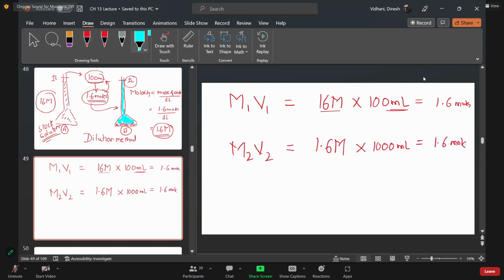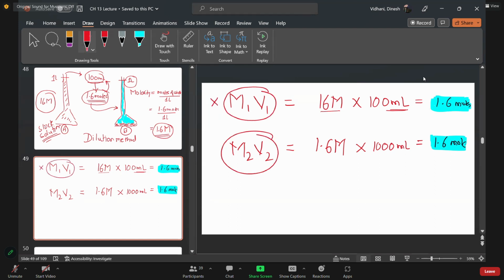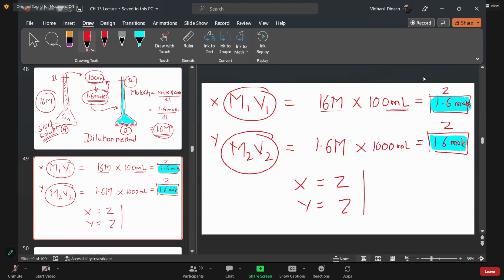See, now the number of moles is the same on both sides. So if this was X, if this was Y, and if this was Z, can I say if X equals Z, Y equals Z, can I say X equals Y?